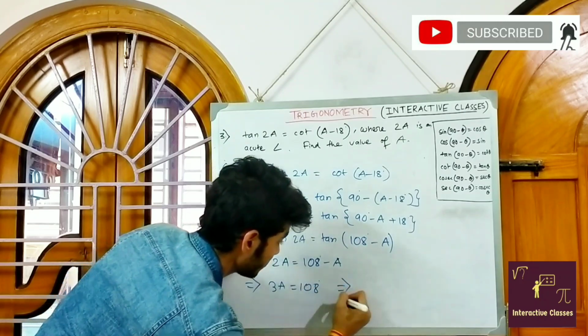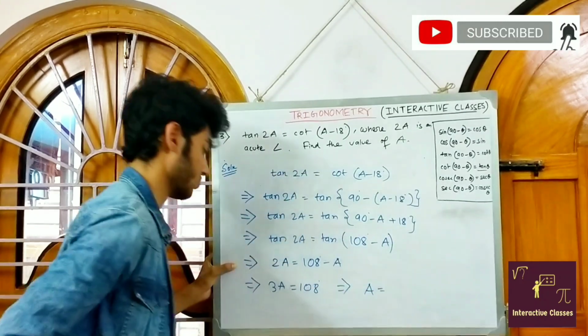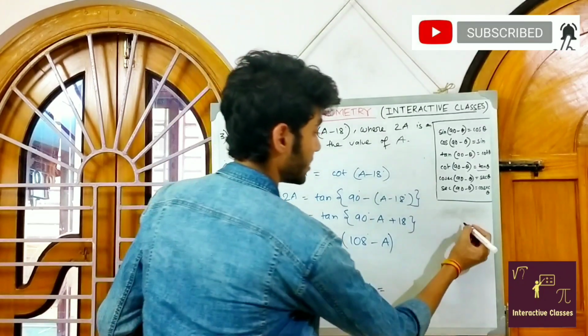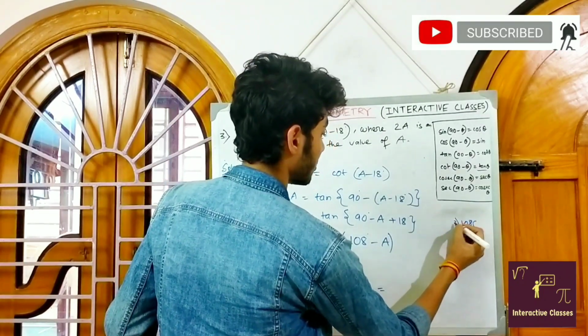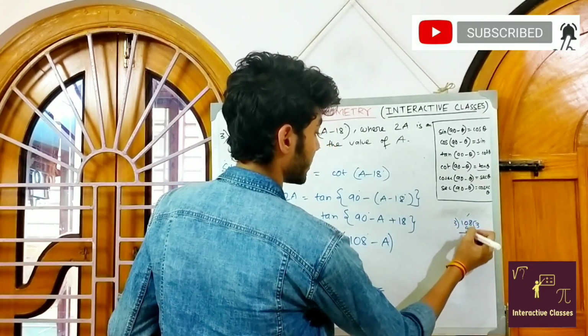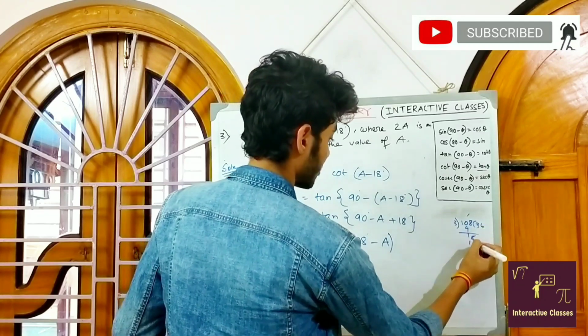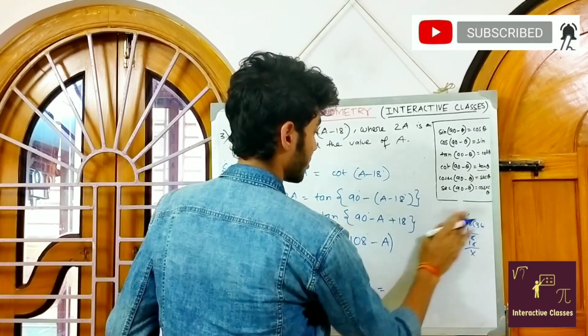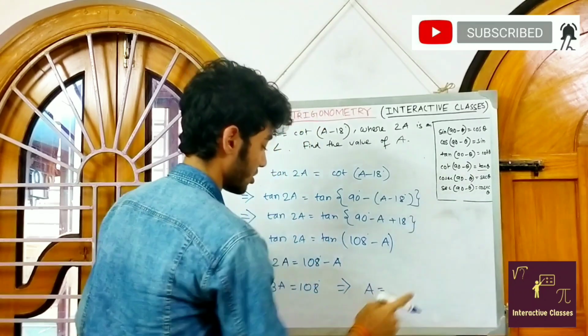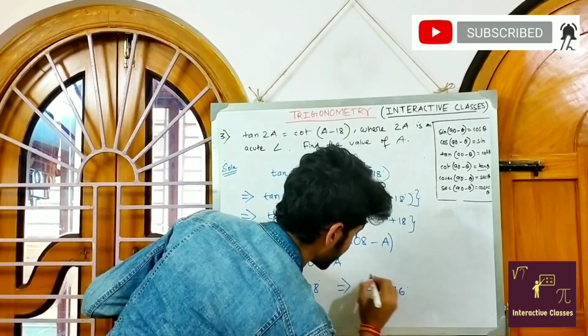So A equals 108 divided by 3. 3 3s are 9, that is 36. So the value of A is nothing but 36 degree.